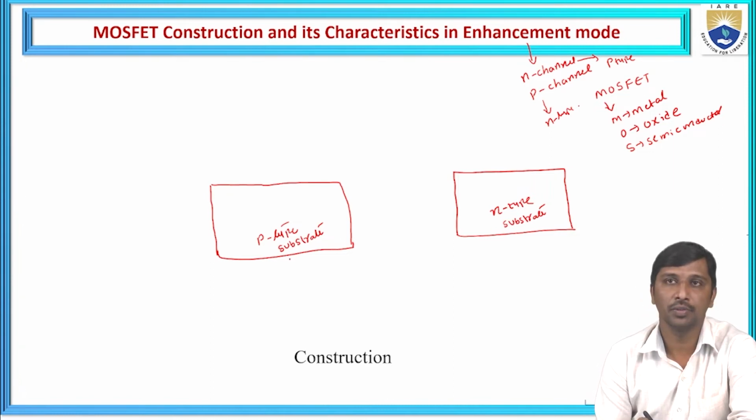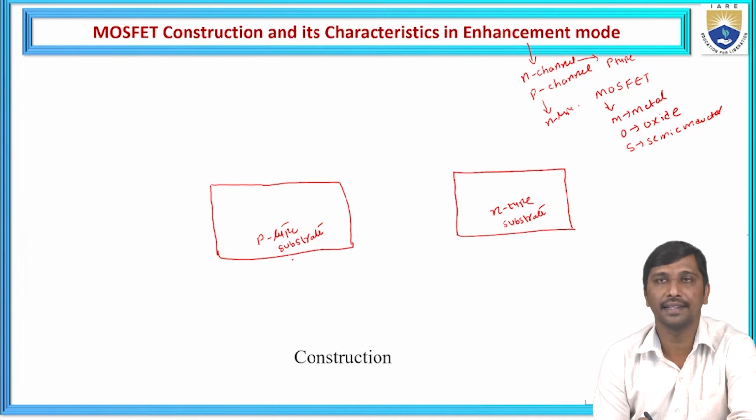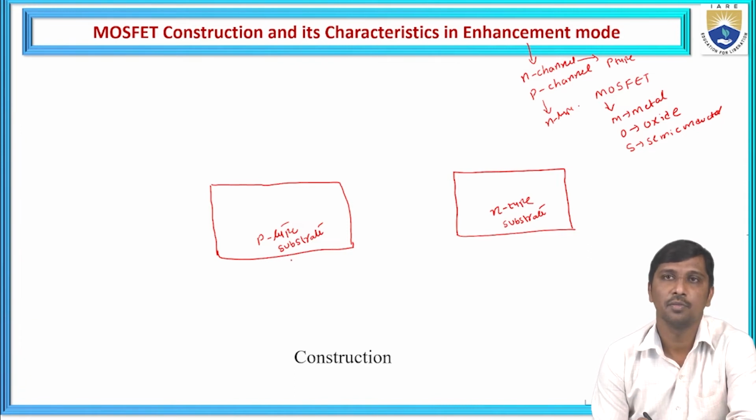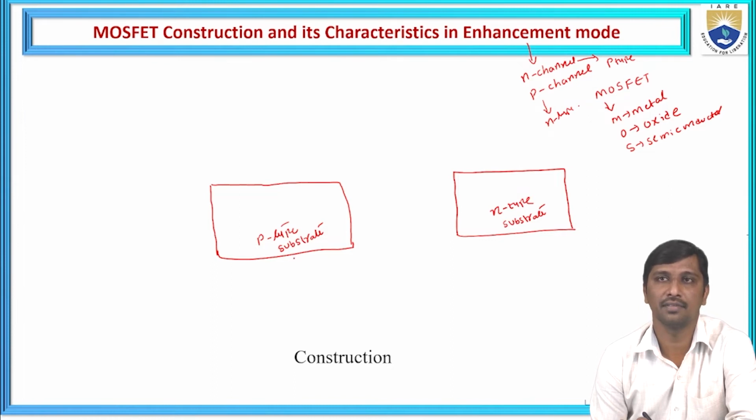Let us come to the construction of the N-channel enhancement mode MOSFET. One more thing: we just discussed that we have two types of MOSFETs, enhancement and depletion. The basic difference between enhancement and depletion is only the channel.